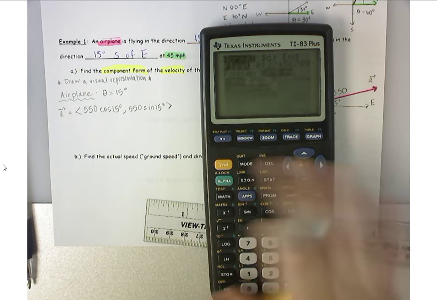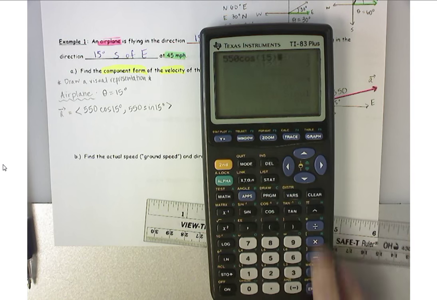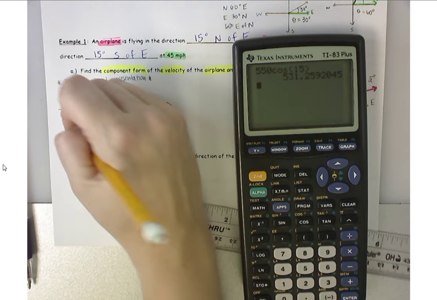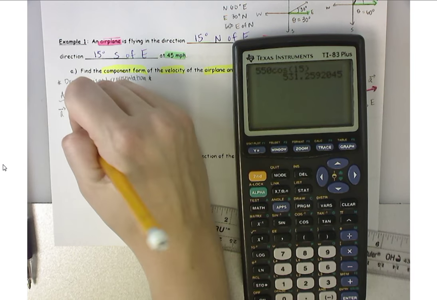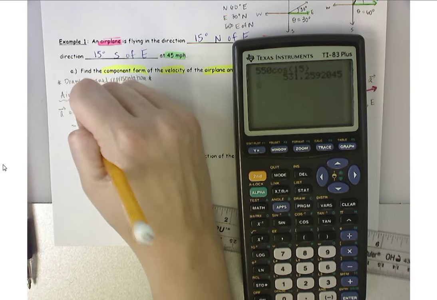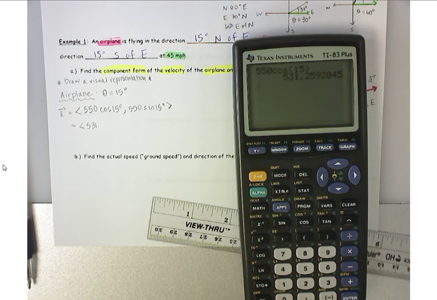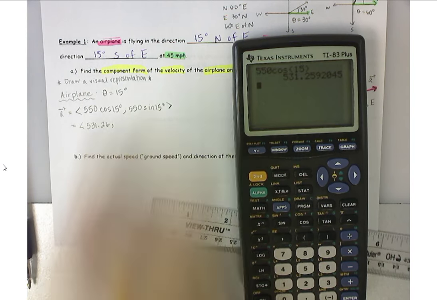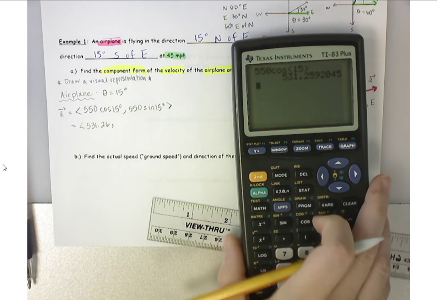So make sure your mode is in degree. And then we're going to round this to the nearest hundredth. I just told you that if you don't do it yourself, it's going to be more difficult to remember the process.